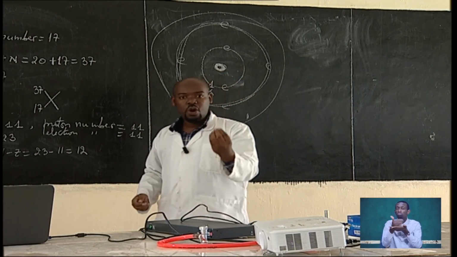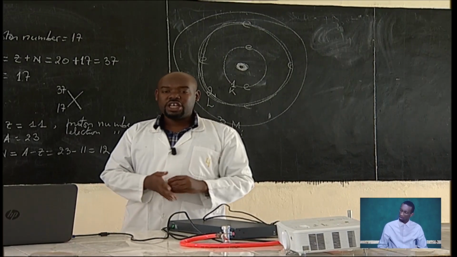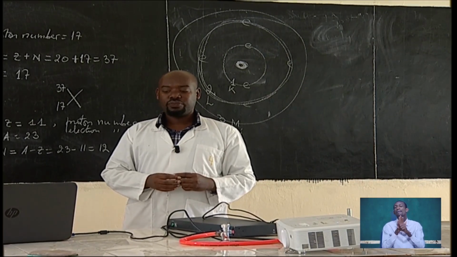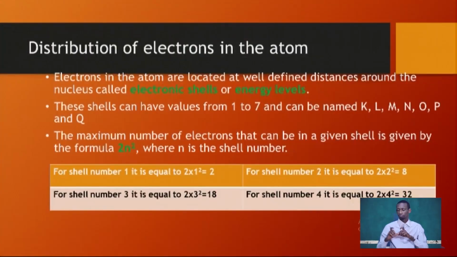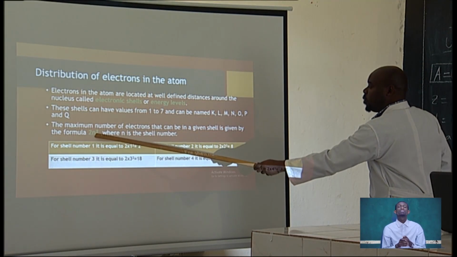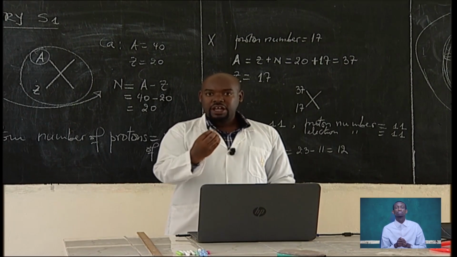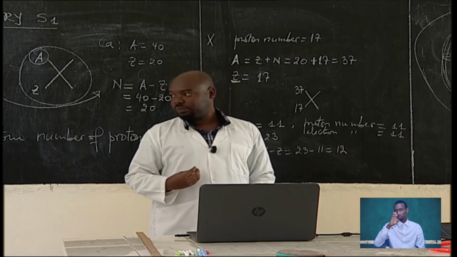And how do we know the maximum number of electrons that can be in a given energy level? We use this formula. The maximum number of electrons that can be accommodated by a given energy level is given by 2n squared. And that n represents the number of the shell or energy level.